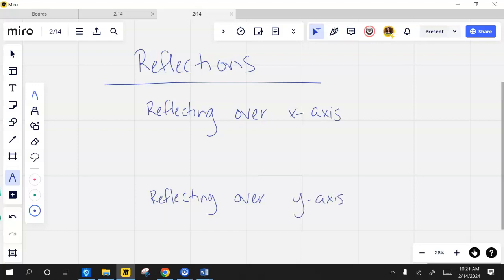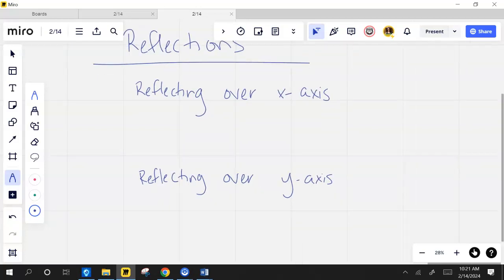So if that axis were a mirror, then what would that look like on the other side, right? Most of these, if I reflect over the y-axis, they're going to look exactly the same, for my quadratic and my absolute value anyway. But if I reflect over x, then what does that look like?